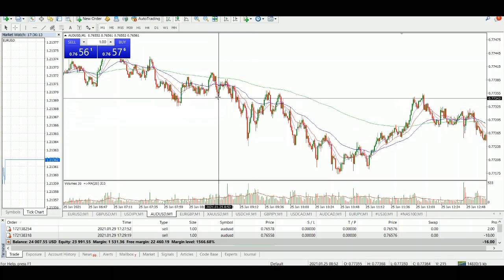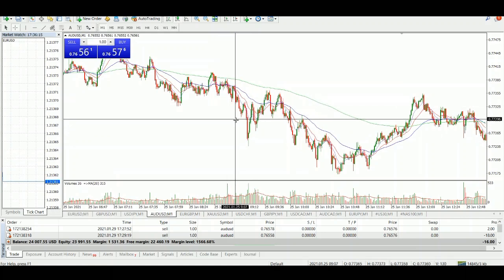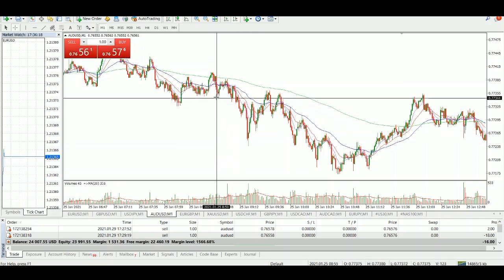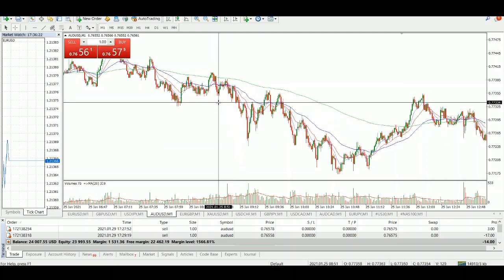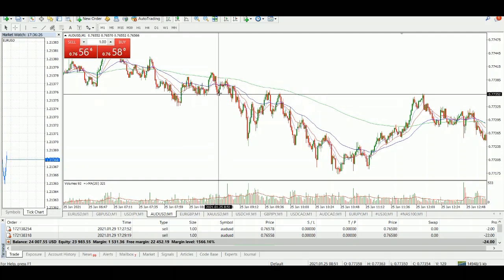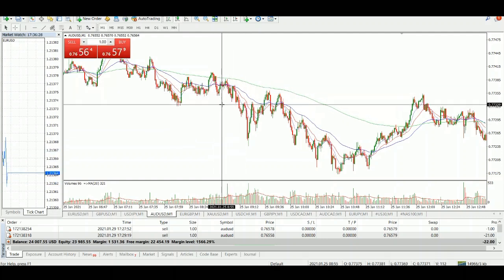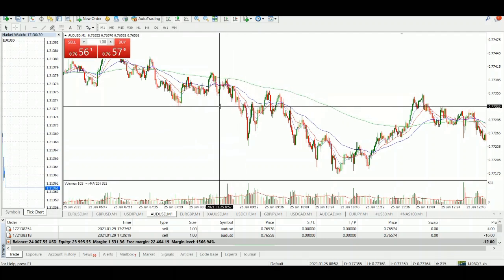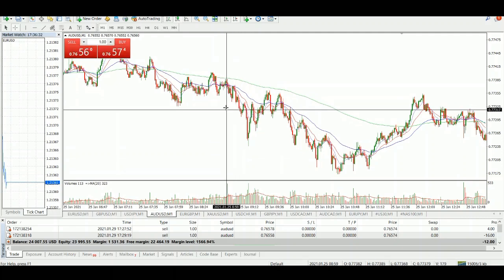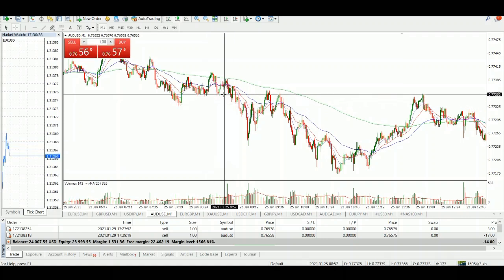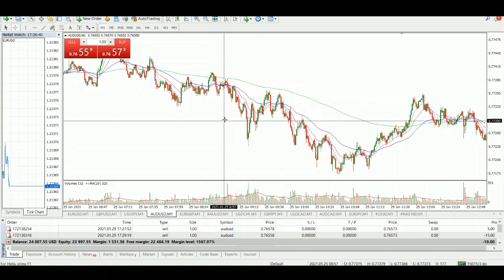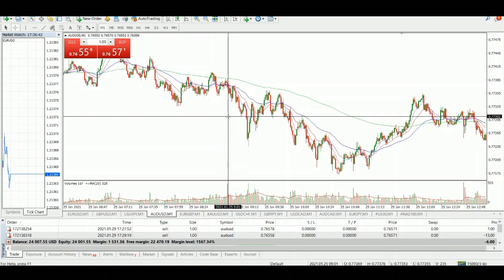Try to keep a constant distance between each of your orders. Constant space, okay? And of course, when you are starting out, you will not be using lots of orders, and you will be starting with a micro lot, definitely. And at first you will be trading on a demo account, even on a demo account using micro lots, of course, to practice it and become great at applying it.